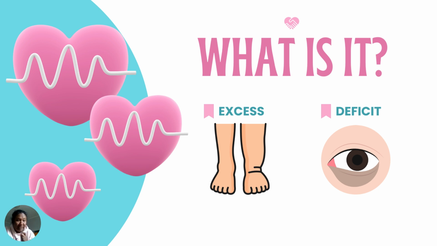Whereas when we talk about deficit, nausea, vomiting, or any active conditions, including infections or even exposure to sun, can result in fluid volume deficit. So these are the two things to consider.